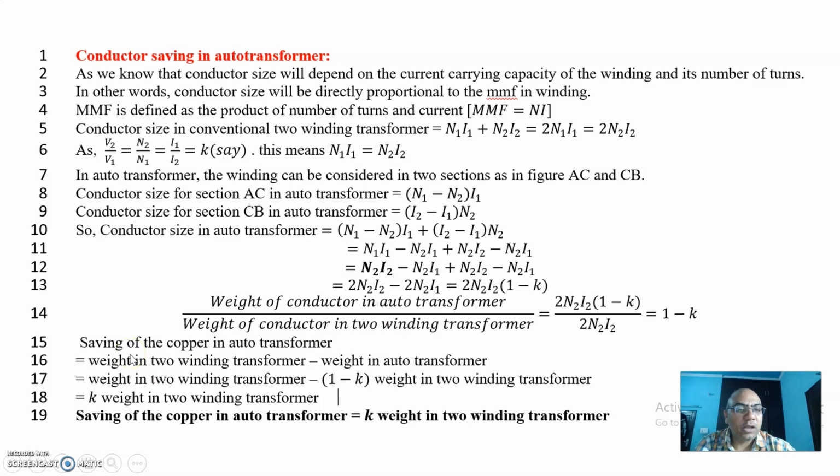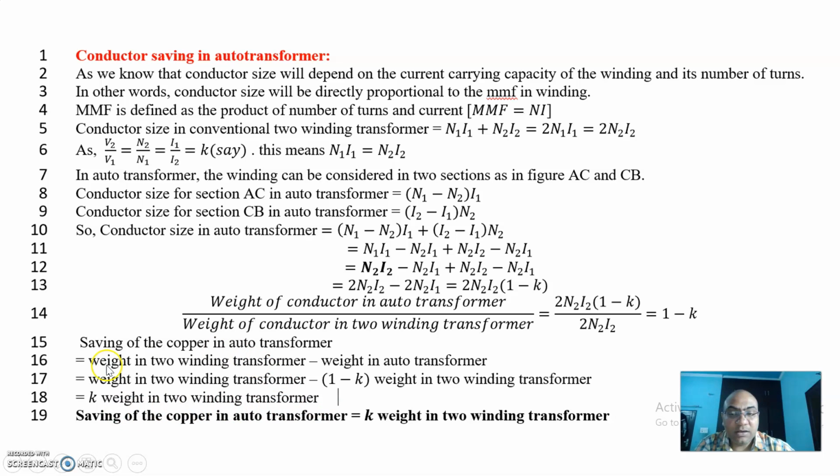So if I want to calculate my saving of copper, it will be equal to the weight in the two winding transformer minus the weight in the autotransformer. Now put the value of the weight in the autotransformer from this expression: (1 minus K) times the weight in the two winding transformer. Now you solve, you will get K times the weight in the two winding transformer.